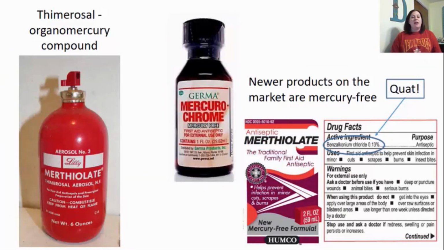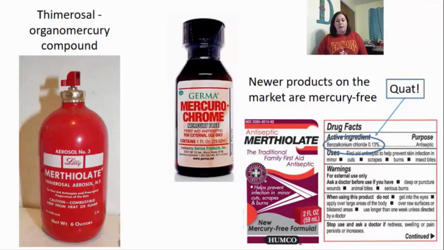However, newer products on the market are actually mercury free, even though they seem to have mercury in them. You can look at this on the label because there's no mercury content, and they actually contain a different type of chemical called a quat, which we'll talk about in a minute.